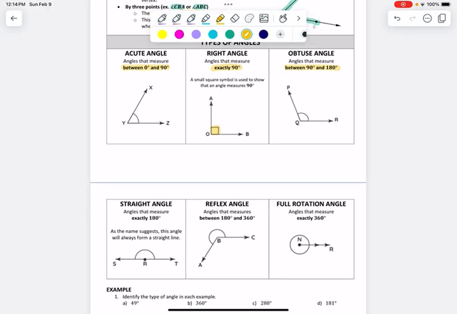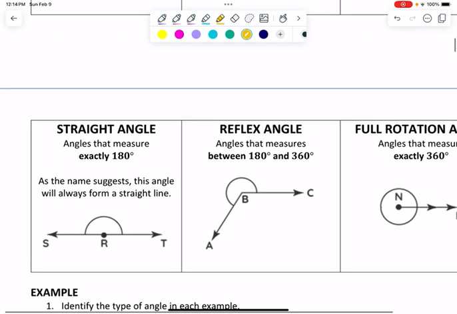The first one is a straight angle. Now, a straight angle honestly looks very much like a straight line, which is where straight angle got its name from. That straight angle measures exactly 180 degrees. So it's like putting two 90-degree angles together and only going across the exact bottom.